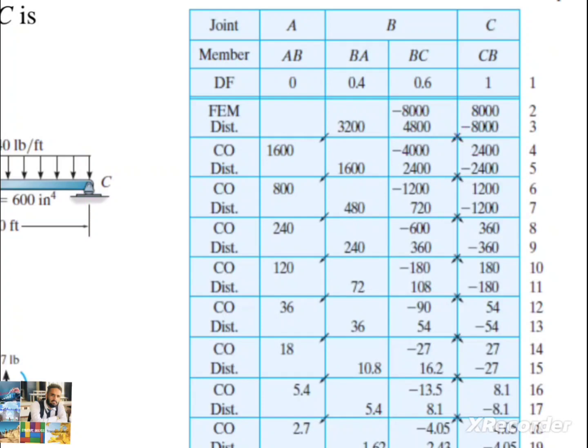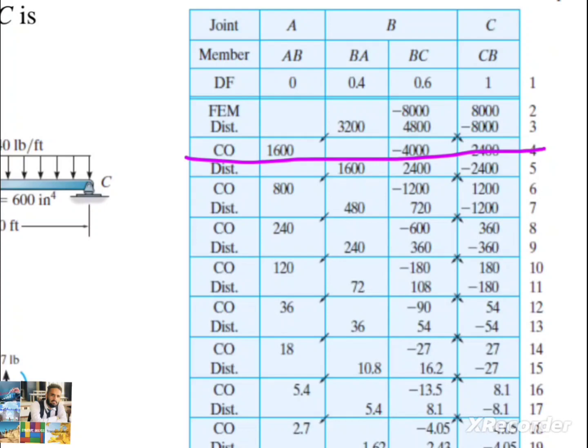So now the carryover moments are 1600 at A, and at BC member minus 4000, and for CB there is 2400.